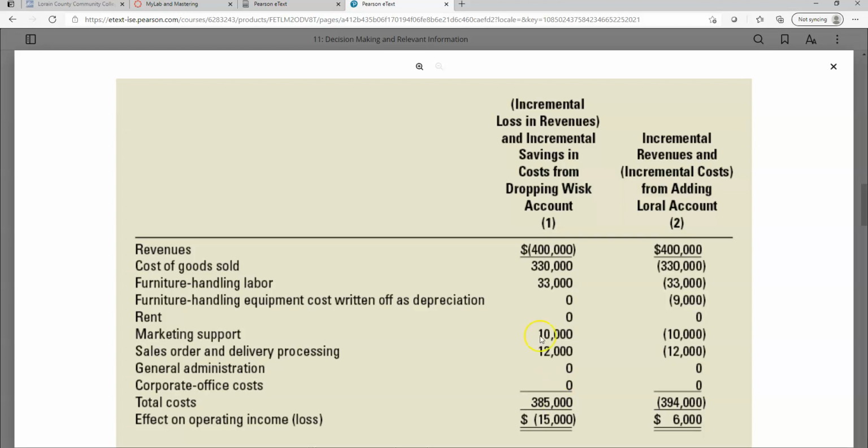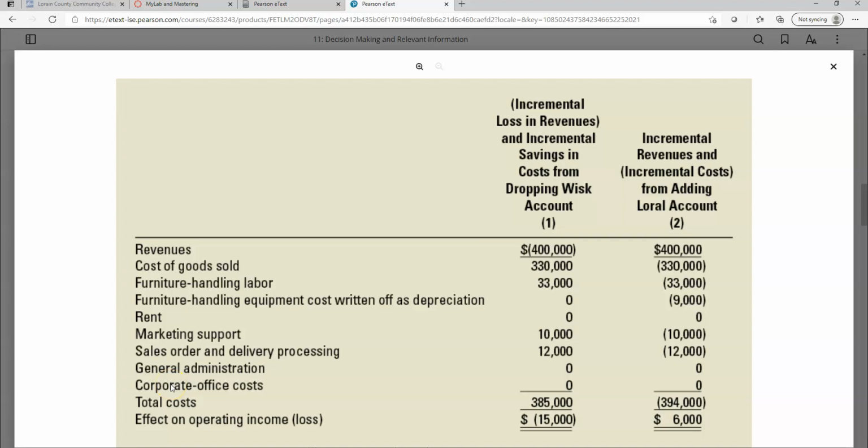So what happens here? I'm giving up $400,000 of revenue, but I'm only going to save $385,000 of cost. So if I drop Whisk, I'm going to lose an additional $15,000 of operating income. Why? Because some of those costs are not going to go away just because we dropped Whisk: furniture handling equipment written off as depreciation, rent, administrative, corporate office costs.